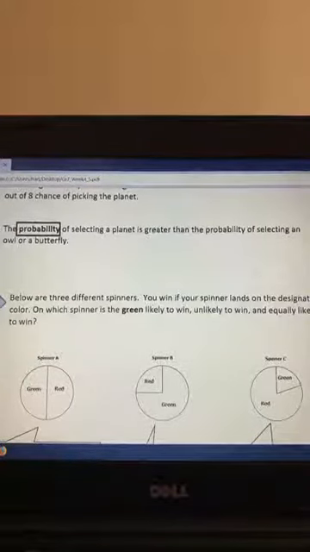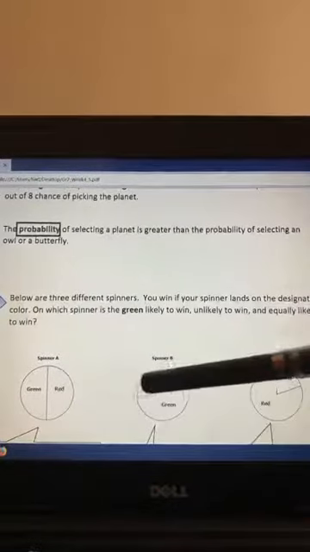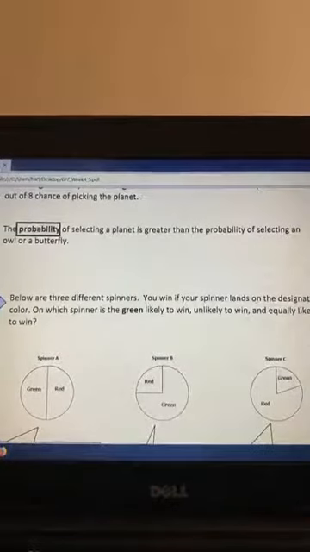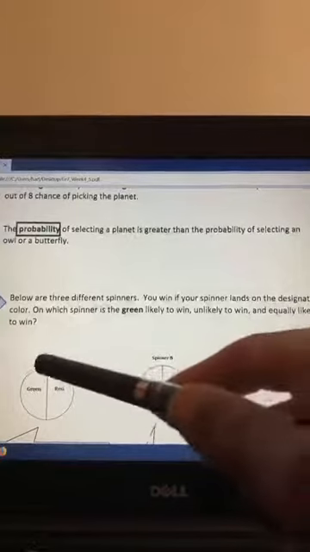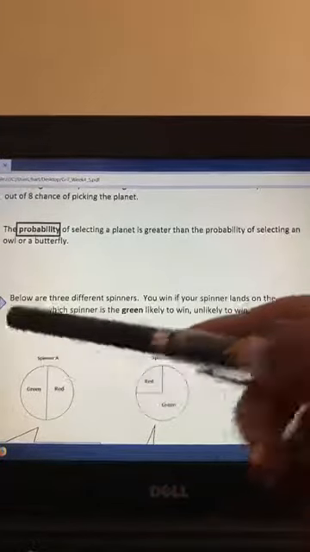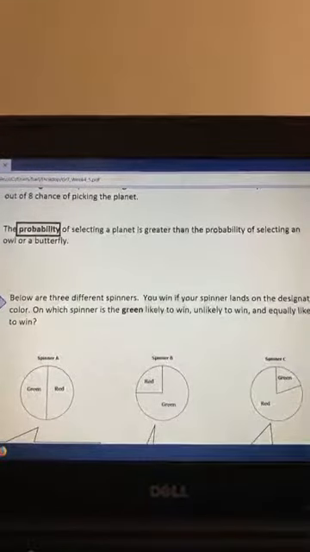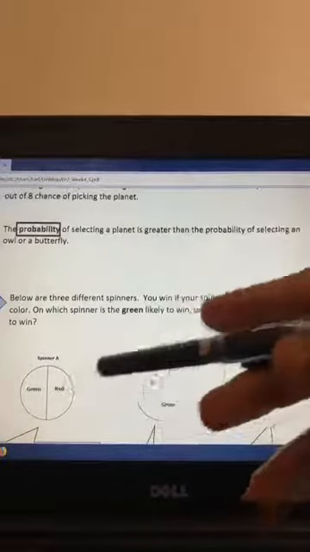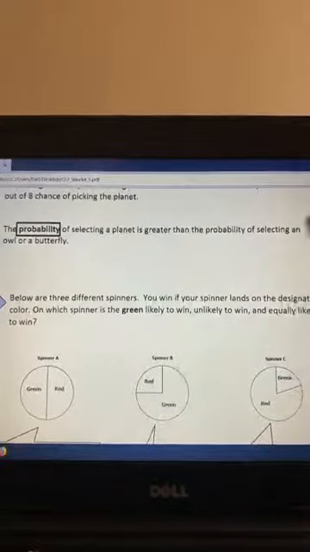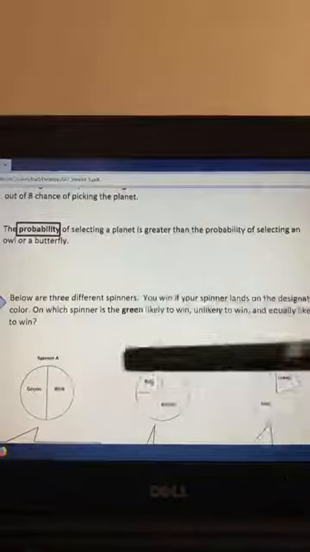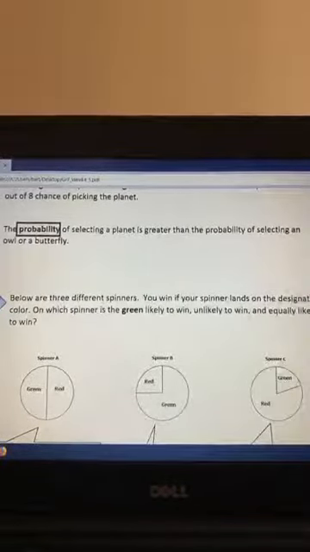So I want you to take the three spinners we have here at the bottom: spinner A, spinner B, and spinner C. And above them, I want you to write, is this one likely to win, unlikely to win, or equally likely to win? It's 10:41. I'm going to give you until about 10:43, that's 2 minutes, to label each spinner.